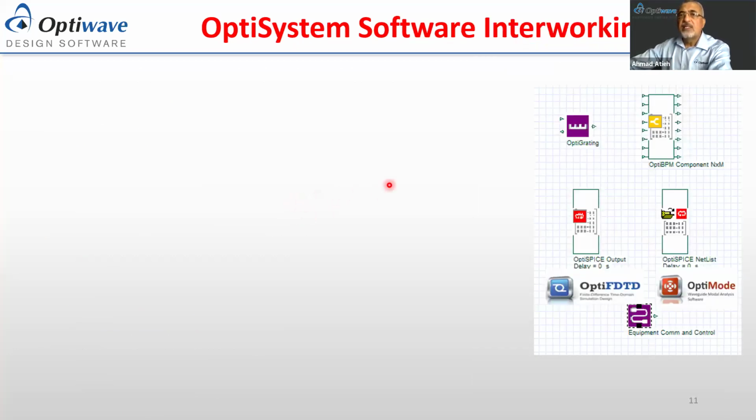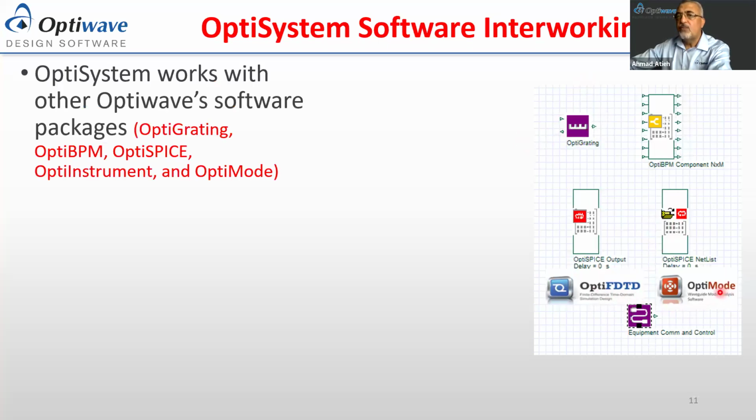OptiSystem software is able to communicate with different packages of Optiwave, like OptiGrating, where you can design a grating in OptiGrating software and then import the transmission and reflection spectra into OptiSystem and use that. Same thing for OptiFiber, for OptiFDTD, OptiMode, and OptiBPM and OptiSpice.